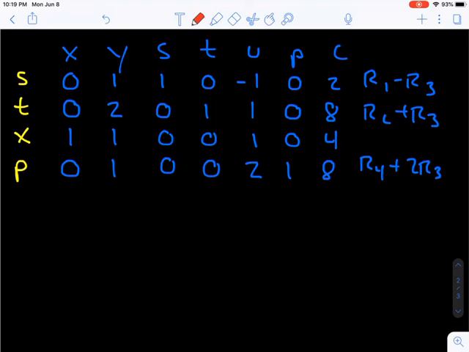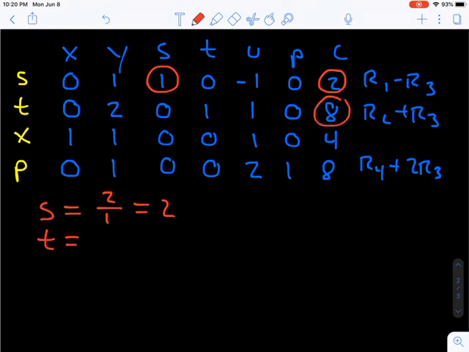So we start with the active variables. The first active variable is S. And so to determine the value of S, we always go with the constant 2, and we divide it by the number that is in the S row and column, 1. 2 divided by 1 is 2. T is our next active variable. So we will start with the constant 8 and divide it by the number that is in the T row and T column, which again is a 1.